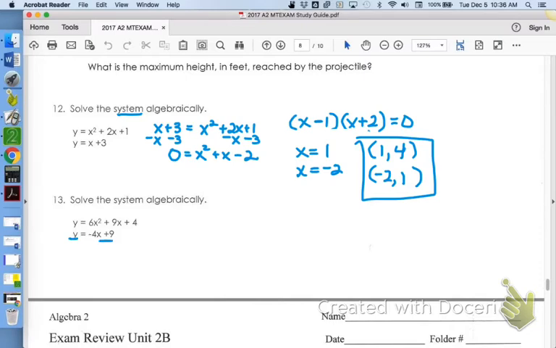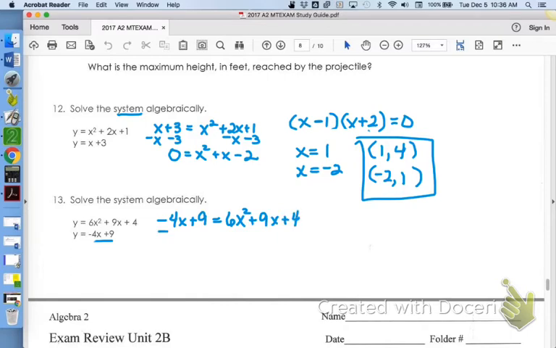Okay, so we're going to do the same exact thing for this next one. Y is the same as negative 4x minus 9. So this y is the same as negative 4x minus 9. So negative 4x minus 9, or excuse me, plus 9 equals 6x squared plus 9x plus 4.